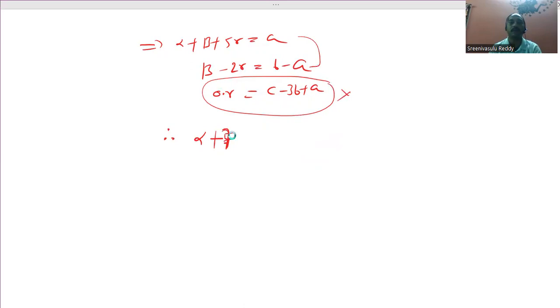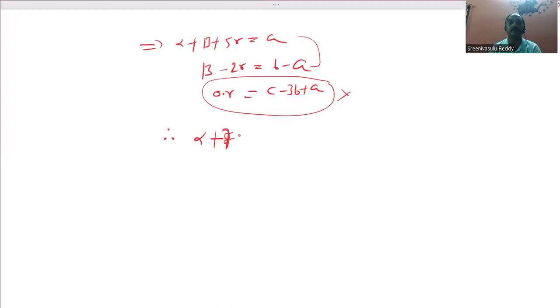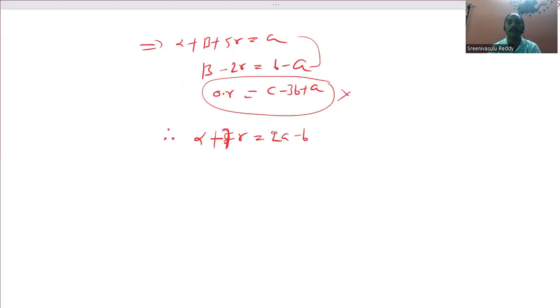So 7 gamma equals, subtracting means minus A plus A, here plus A, this becomes 2A minus B.